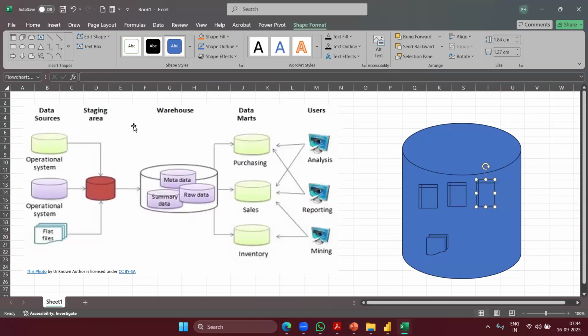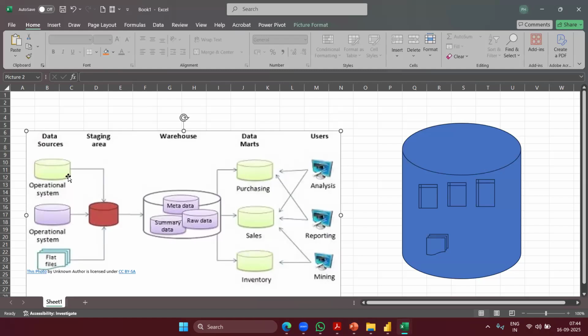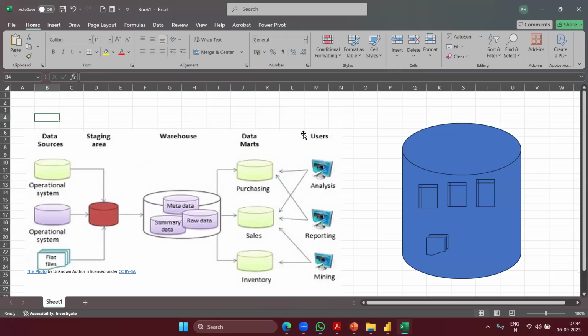Another important point which I missed is these operational systems, whatever we are discussing, used by online processing, we simply call it OLTP, online transactional processing. Considering they deal with the online things.